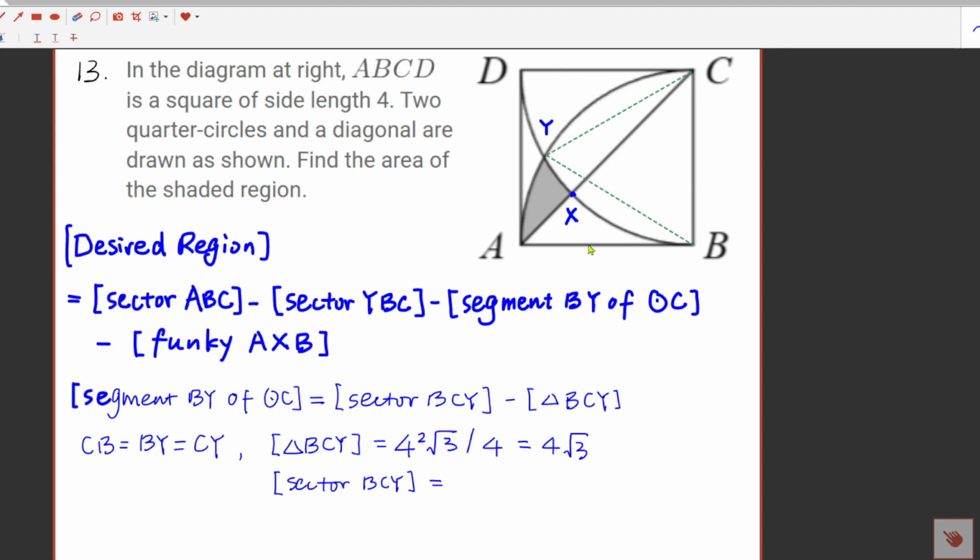Sector BCY is 60 over 360 times the corresponding area of the circle, pi times BC squared, which is 4 squared, right? So that gives us 8 pi over 3.